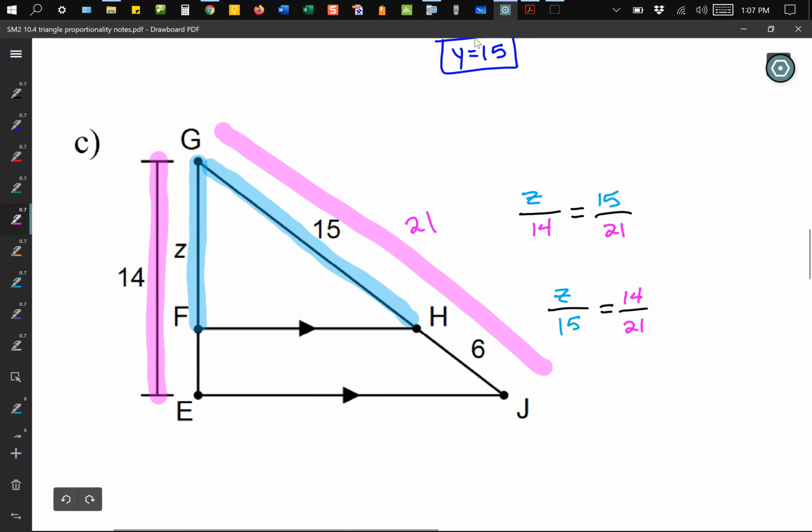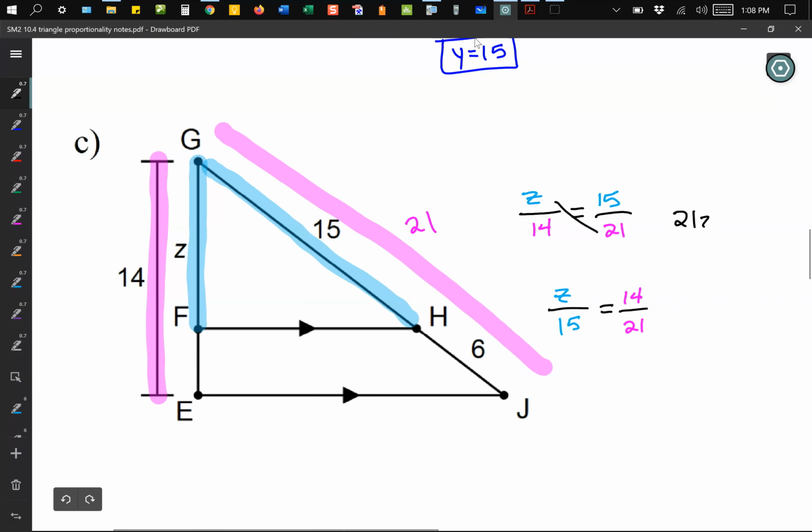Both of those are the big sides. And here the numbers on top both come from the left-hand side, and the numbers on bottom both come from the right-hand side. So there are different ways of setting it up. Both of these will give me the same thing when I cross multiply.